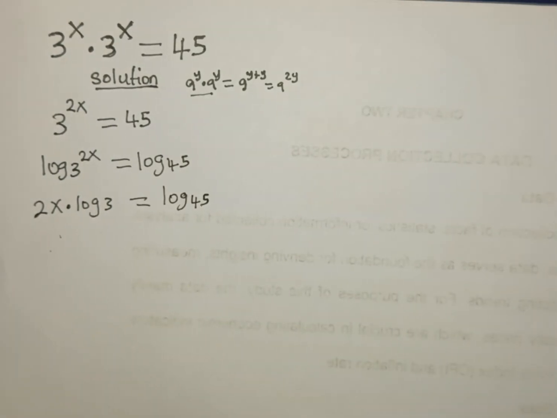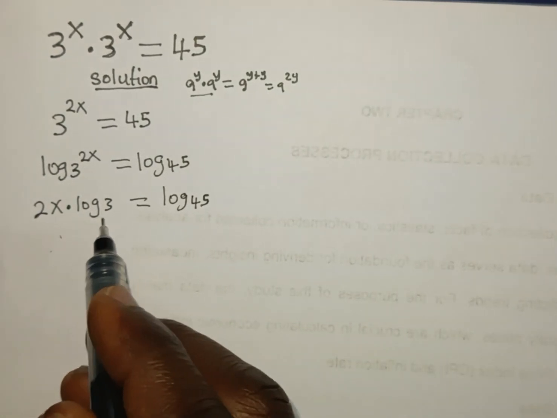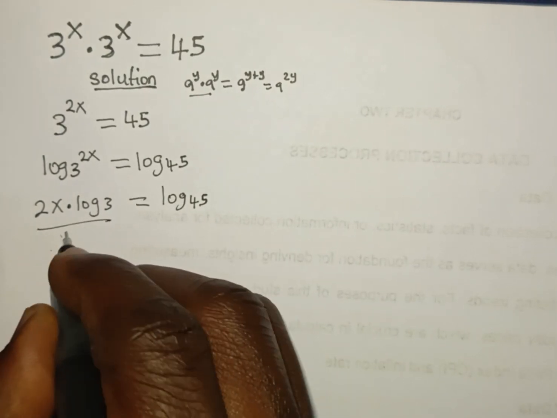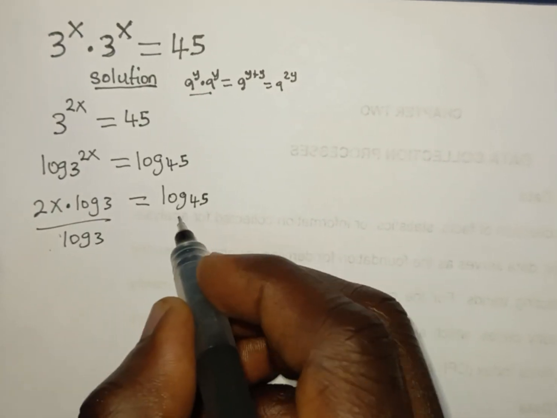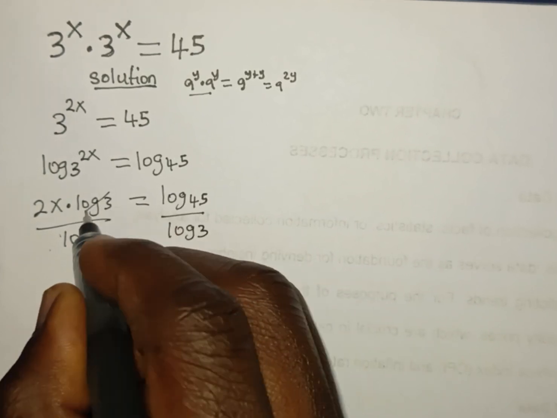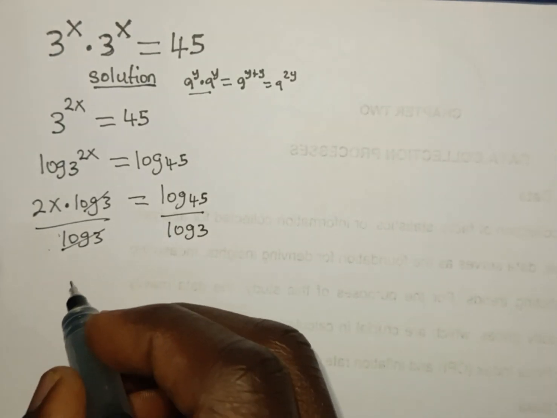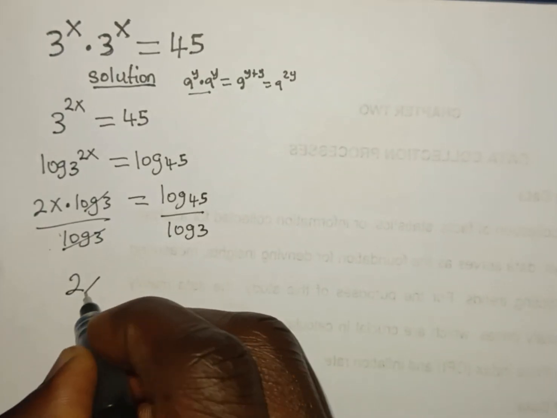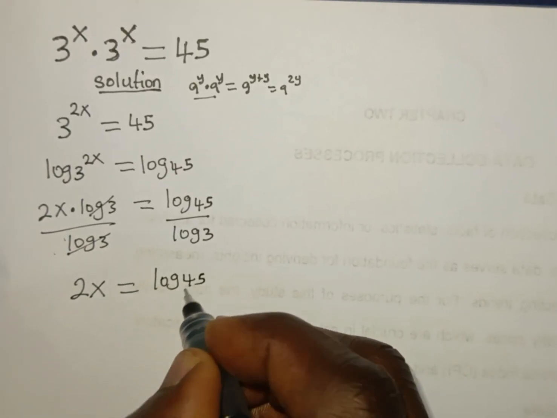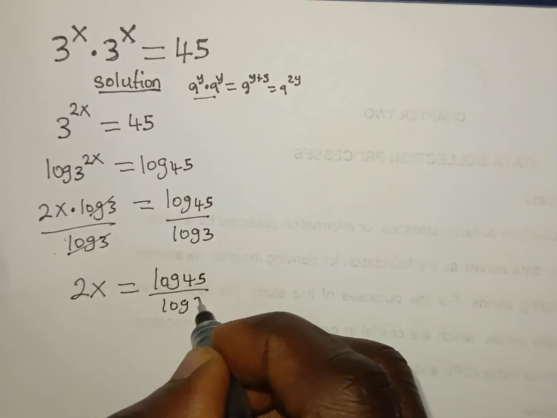Now the next thing we're going to do is to divide both sides by log 3 in order to eliminate this log 3 in the left hand side. So we divide the left hand side by log of 3, and also we divide the right hand side by log of 3, so that this log 3 is going to cancel this log 3. In the left hand side, we are left with just 2x, which is equal to log of 45 over log of 3.